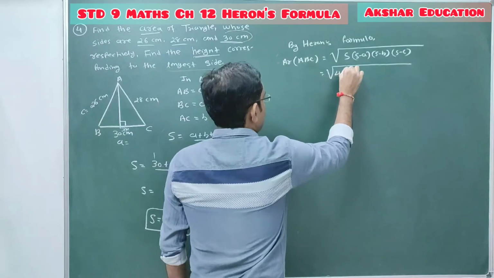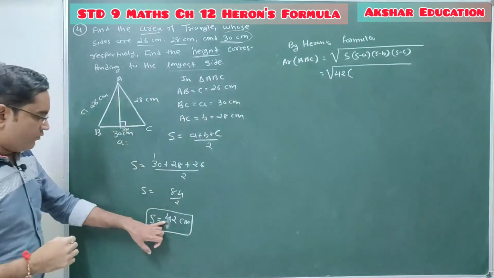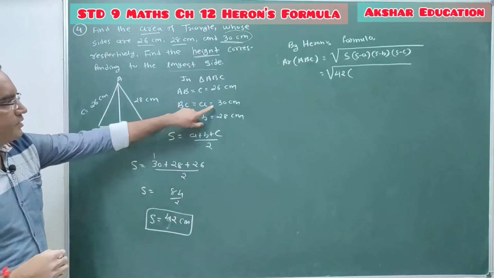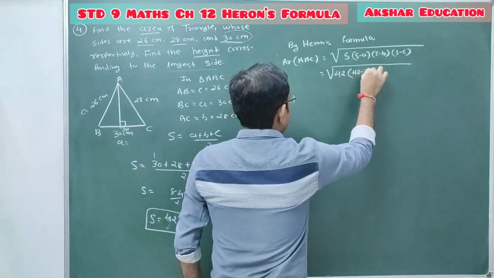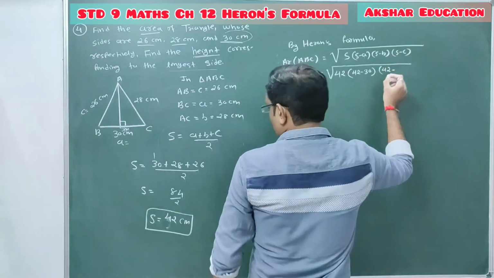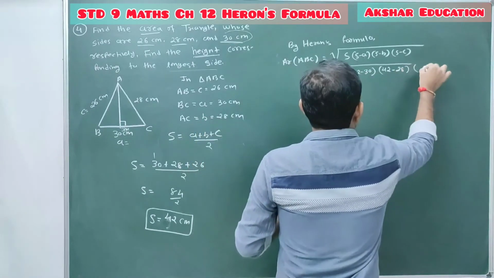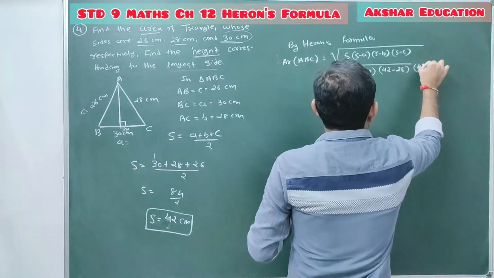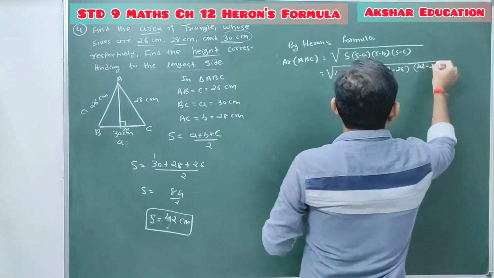So this is 42. Now s minus a: s is 42 and small a is 30, so 42 minus 30. s minus b is 42 minus b, small b, 28. And s minus c is 42 minus c, 26.